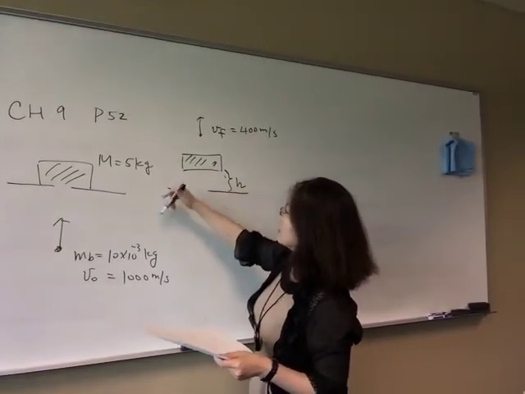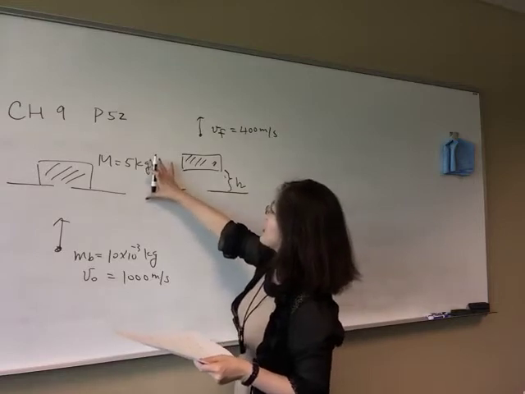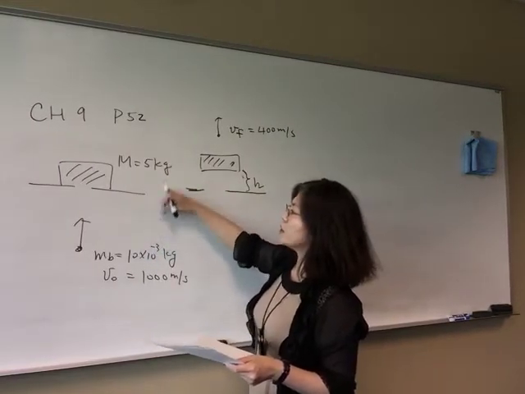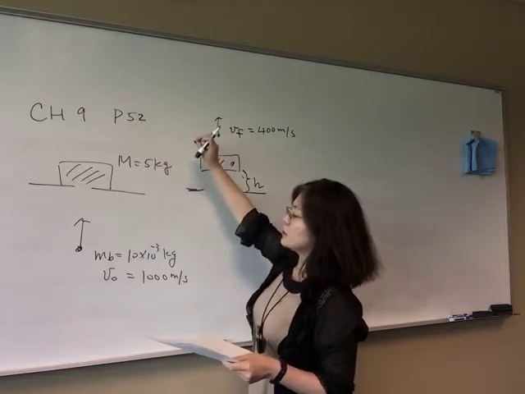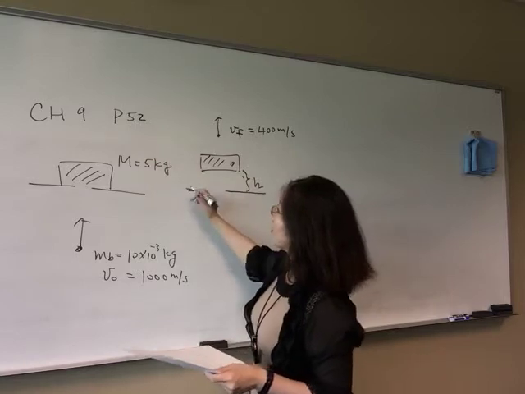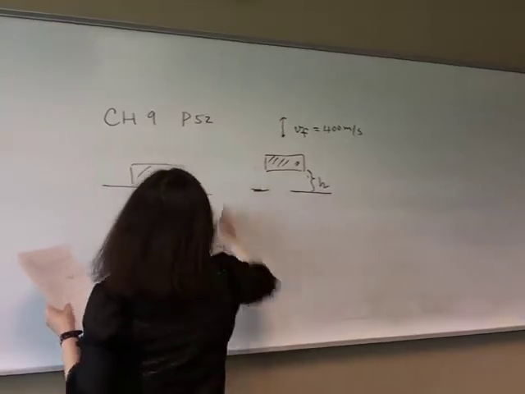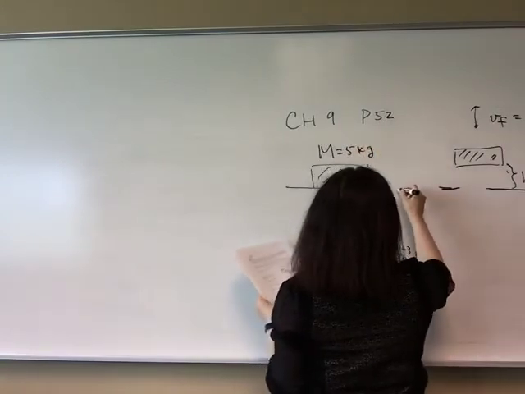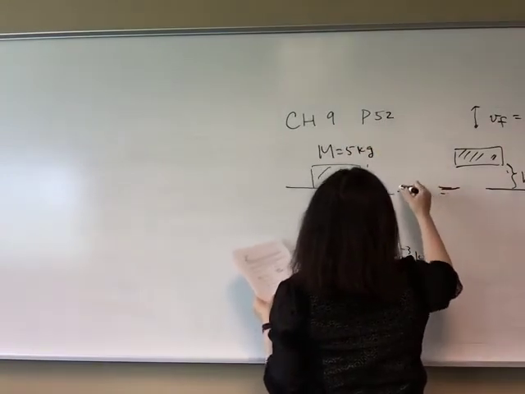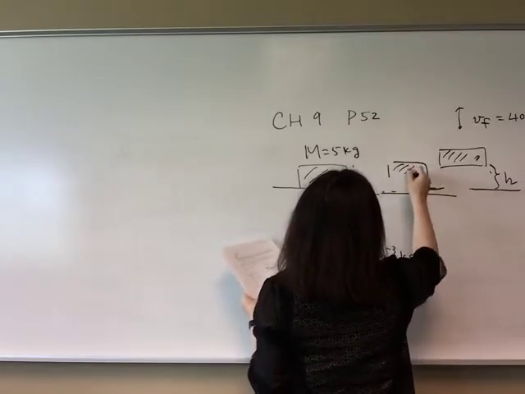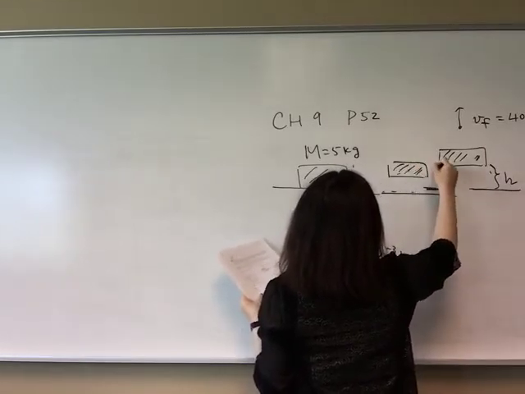There is an intermediate step, where the bullet transfers some of its linear momentum to the block and also retains some linear momentum itself. In other words, the intermediate step is when the block acquires a velocity.